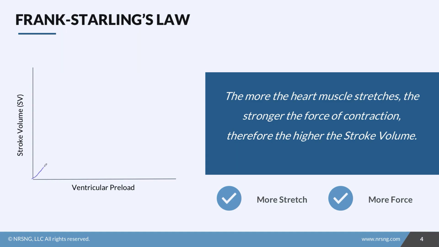What you see is that as preload increases, so does stroke volume. However, this effect is limited. Okay. At a certain point, this curve will begin to level off, meaning that the more preload added at this point won't actually lead to an increased stroke volume.